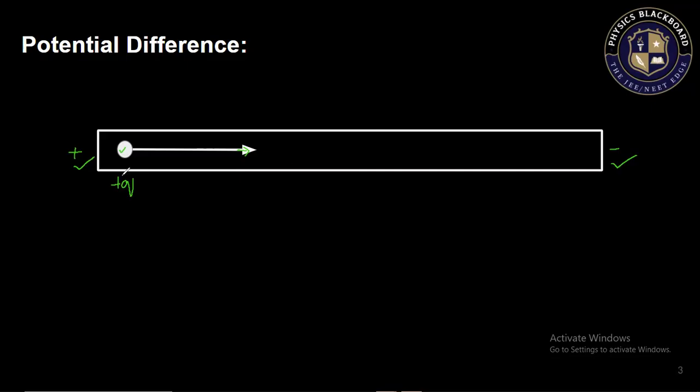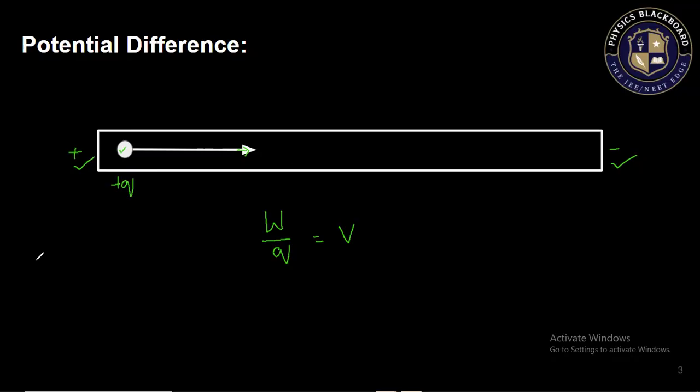When this positive charge moves from one point to another through the conductor, we can say that some work is done on the charge. That is, work is done to move the charge from one point to another through the conductor, right? It is all due to the potential difference. I hope you understand.